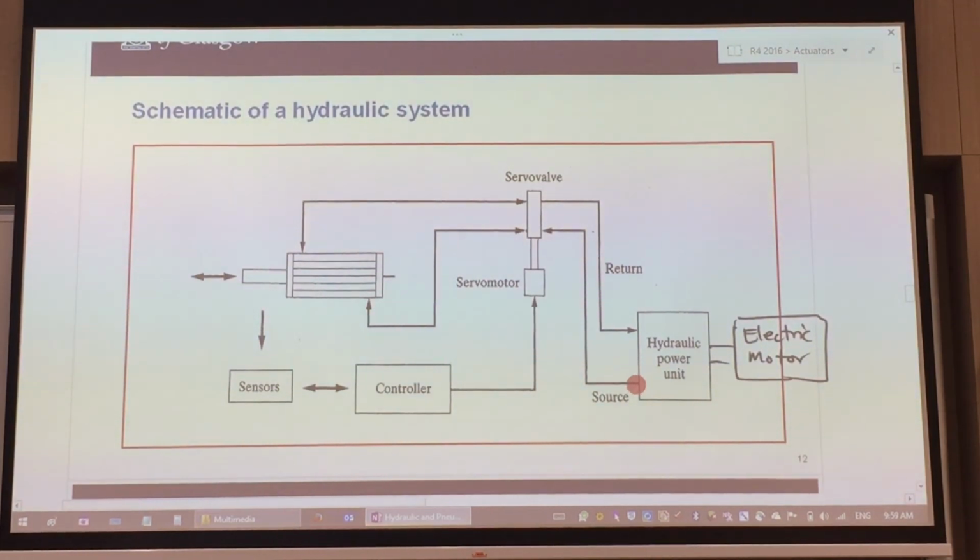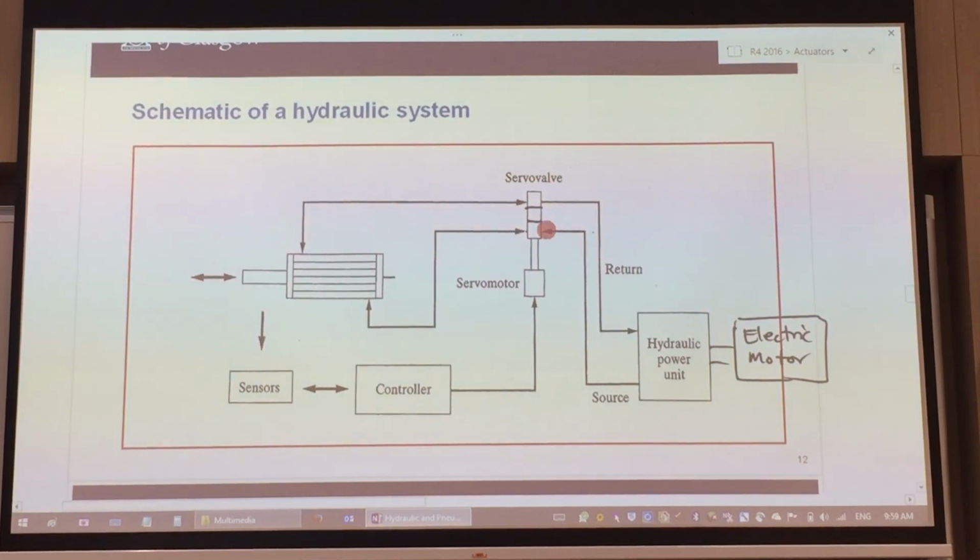Let's have a look at the source. It's going to supply that energy to this servo valve, and the servo valve would have a motor to move those three boxes that you saw just now. Assuming this one will flow through that way, there's a double arrow over here, so really it depends on which direction. Let's assume that it's going this direction first.